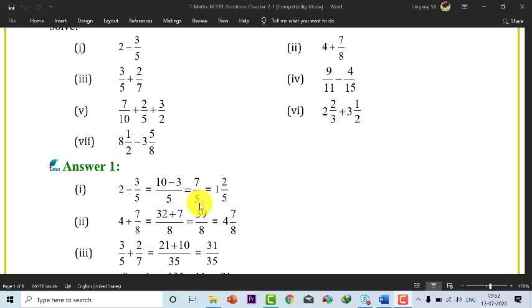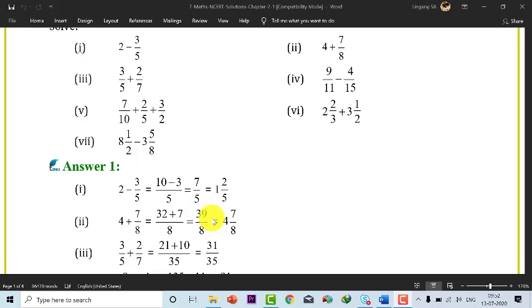So 7 by 5, the least form of this is 1 2 by 5, because we are dividing the numerator by the denominator. So 5 ones are 5, in 7 you subtract 5, you will get remainder 2, that should be written in the numerator. So the solution for the first problem is 1 2 by 5.